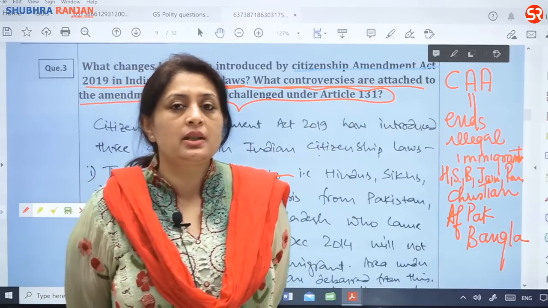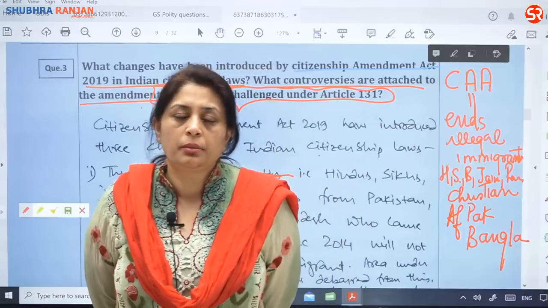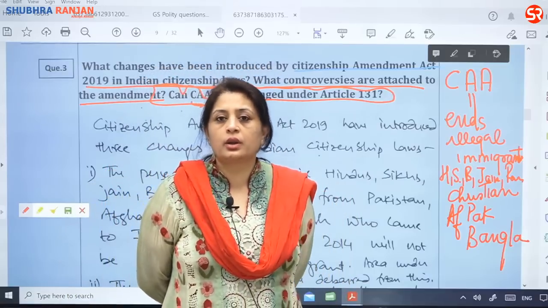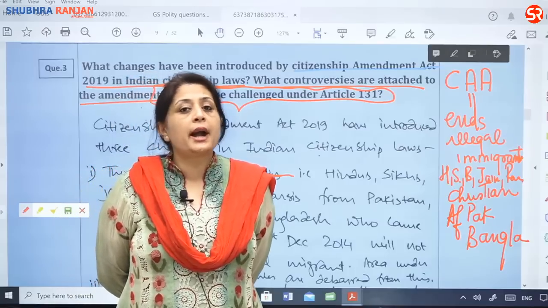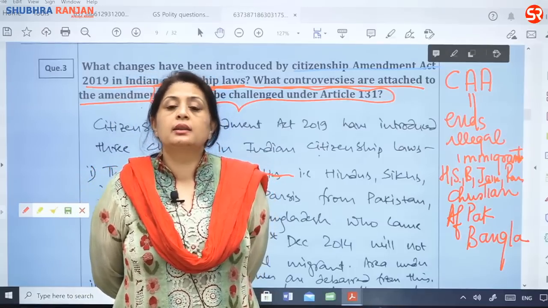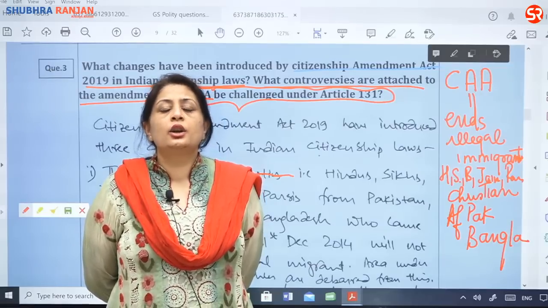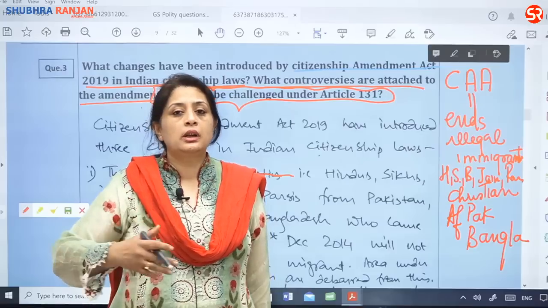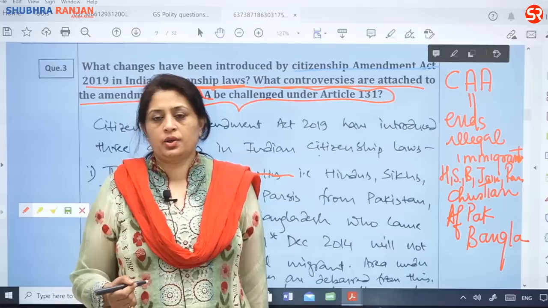So the best way is to look at the document by the government itself. If you see the statement of objects attached to the bill, it mentions that the idea is to complete the unfinished agenda of the partition.